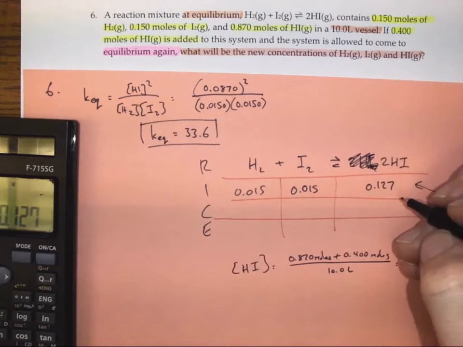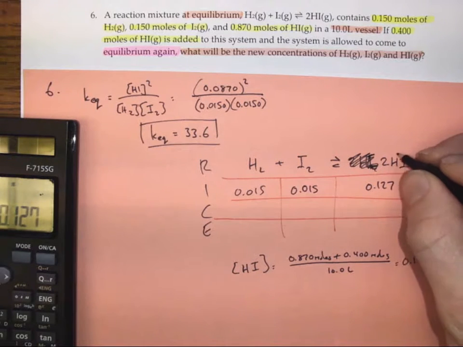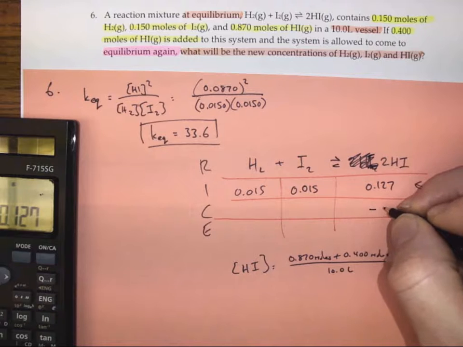And I don't really know anything else. But I know that because we increase the amount of hydrogen iodide, at equilibrium we're going to lose some of this stuff.